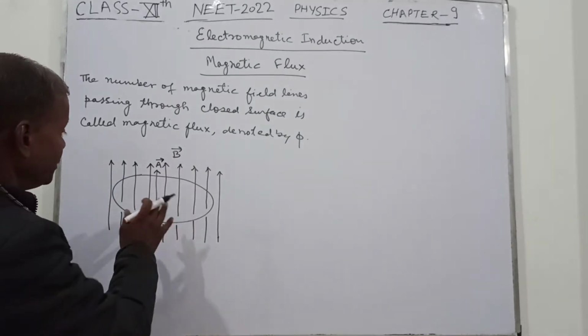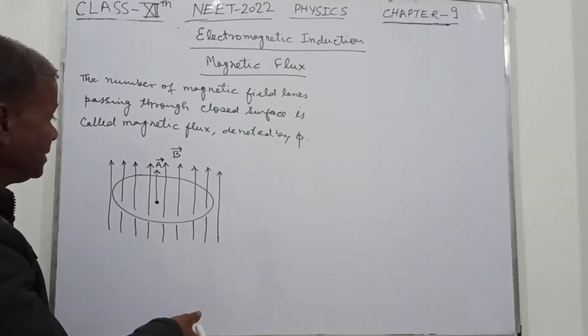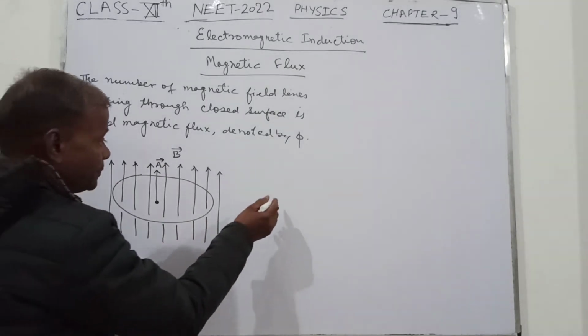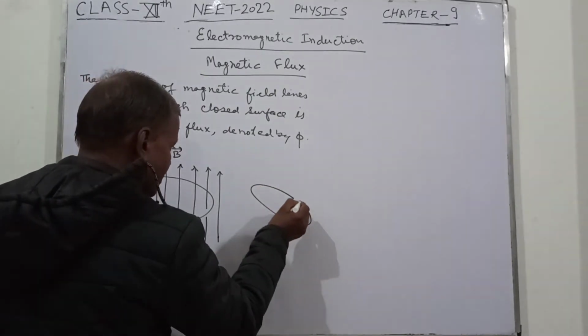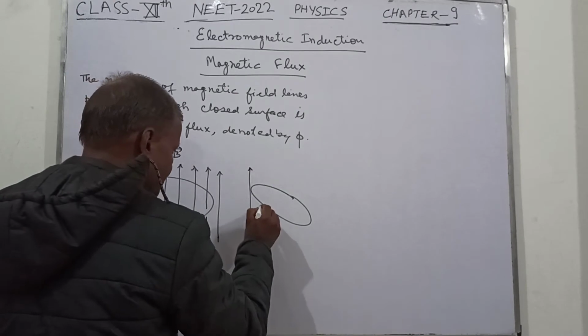Now suppose I rotate this surface through an angle theta, and the magnetic field remains the same.